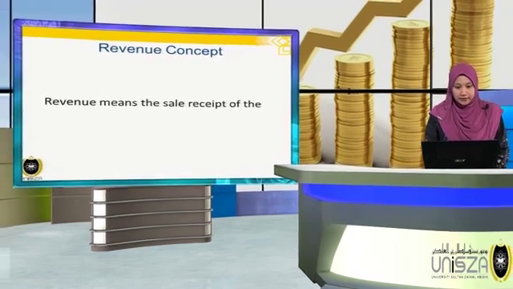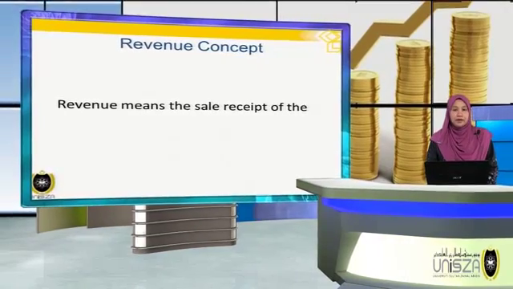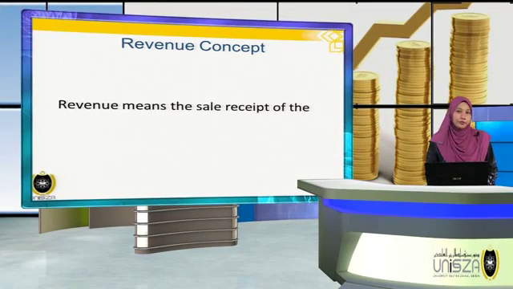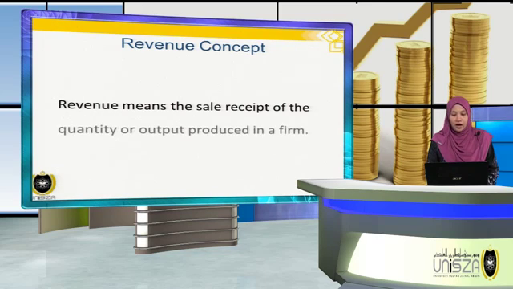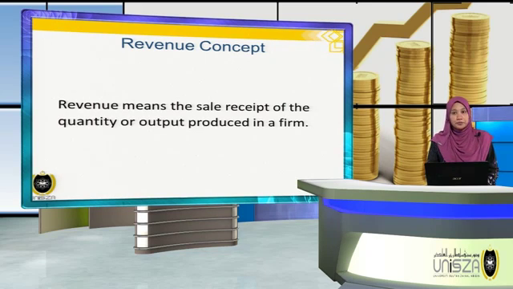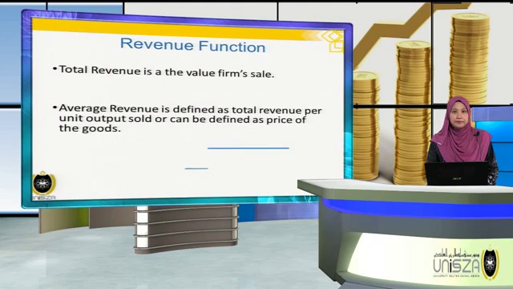Okay, we go to the revenue concept. What is revenue? Revenue means the sales received from the quantity or output produced in a firm. What is the total revenue function?